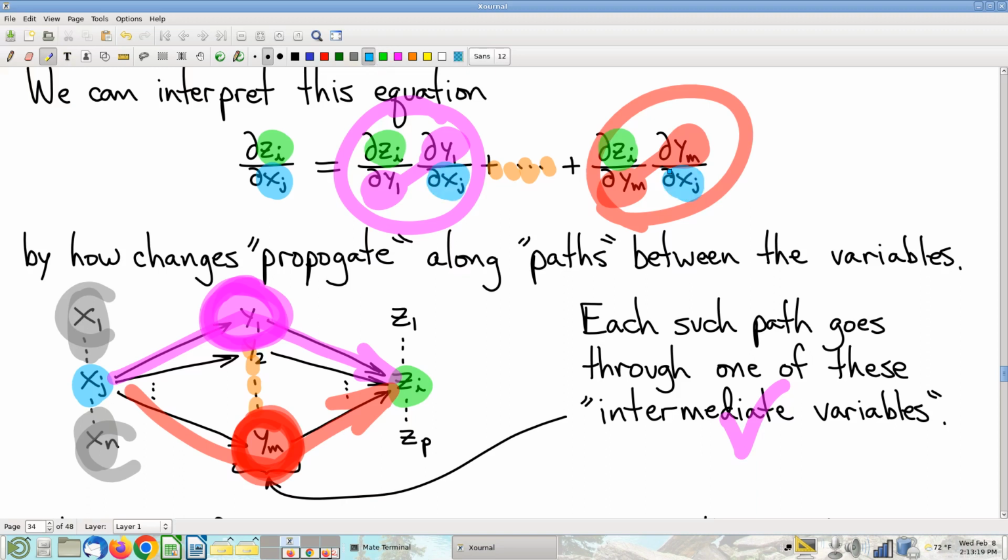So it's a really nice pattern. These terms correspond to paths. The paths correspond to intermediate variables. So this is what we call sort of the intermediate variable point of view on a composition on the chain rule.